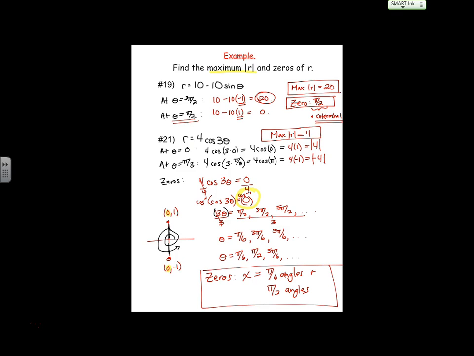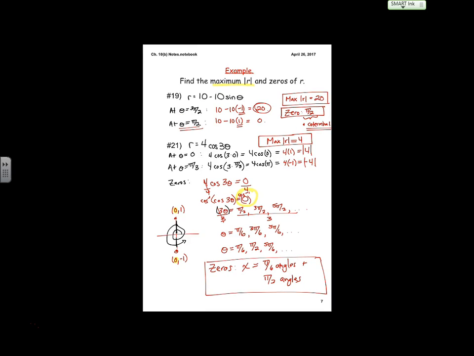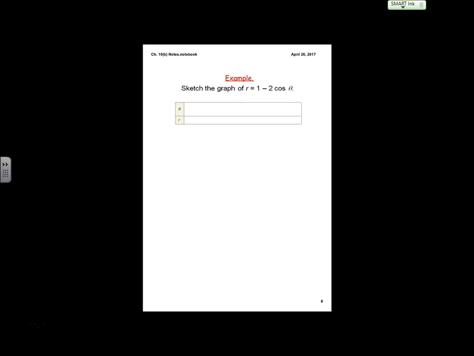So 1 pi over 6, 5 pi over 6, 7 pi over 6, 11 pi over 6, and pi over 2, 3 pi over 2. If you were to keep going, it would keep on hitting 0. Okay? So that's maximums and zeros, a little bit funny, still uses unit circle knowledge, and knowledge that we've done in the past, solving trig equations, etc.